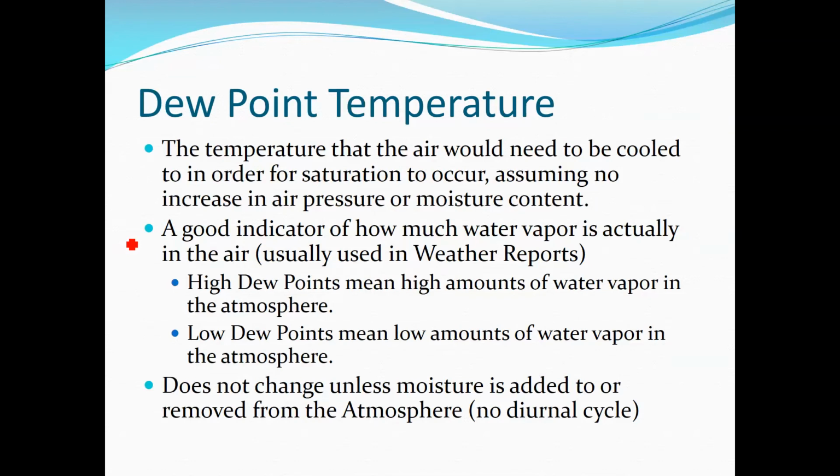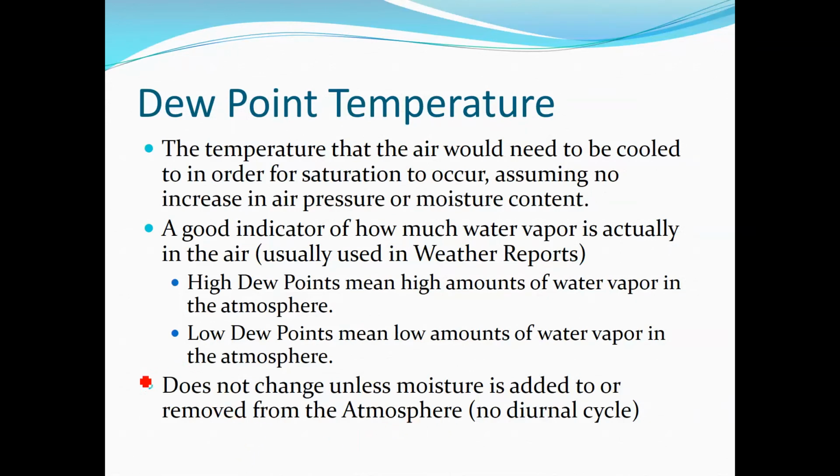Here's how it works. If you have a high dew point, that means you have lots of water in the atmosphere. So the higher the dew point, the more moisture is in the atmosphere. What this means is that the air is closer to saturation. The higher the dew point, the closer the air is to saturation. The lower the dew point, the less moisture is in the air.